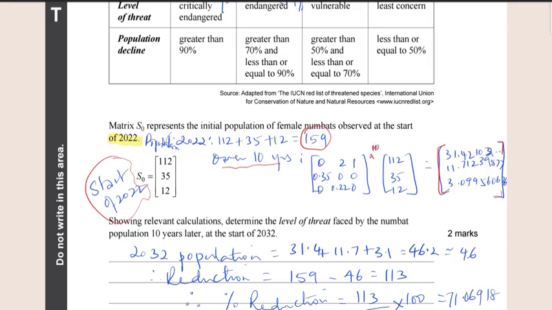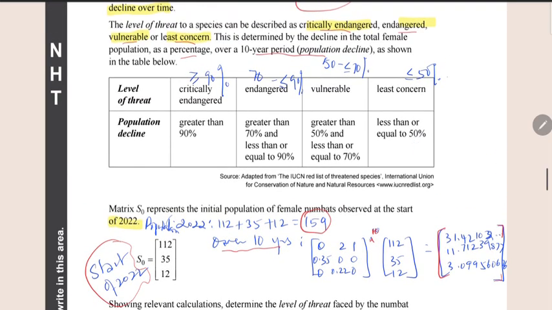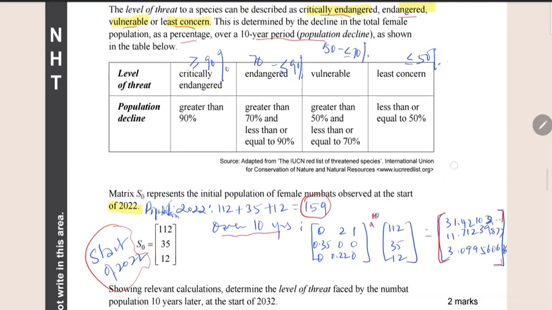I've rounded off all these values approximately to 1 decimal place to maintain some level of consistency. And so 46.2, approximately 46. So the decline is the initial population 159 minus 46, and that gives you 113. They're asking for the percentage of reduction, because only then will you be able to compare it to this table.